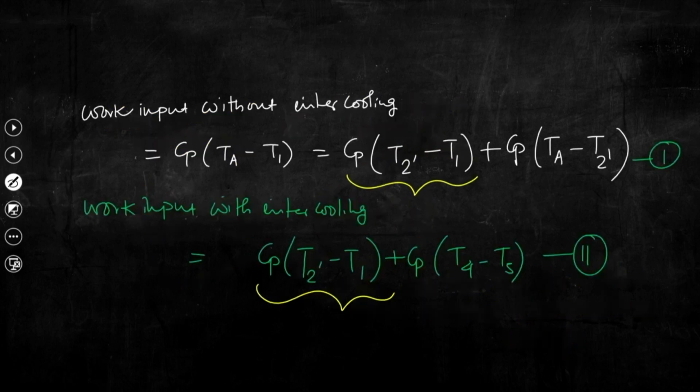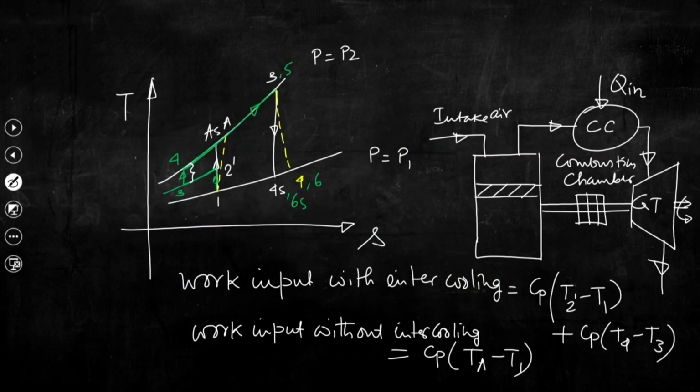Now, if we go to the previous slide, this would be the same if we assume that the efficiencies of both compressions, the compression in the low pressure cylinder and the high pressure cylinder, that is, the isentropic efficiencies of these two compressors operating separately, are each equal to the isentropic efficiency of the single stage compression.